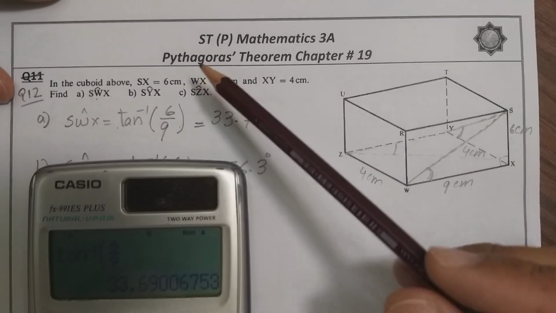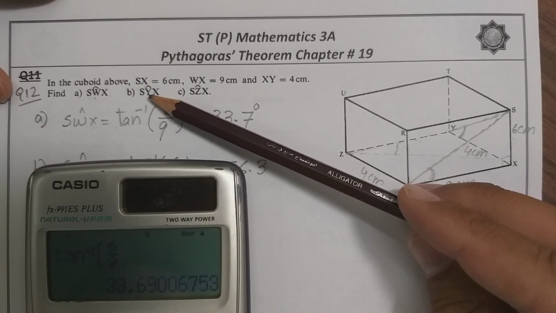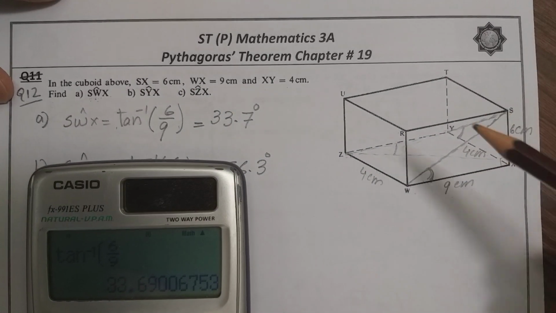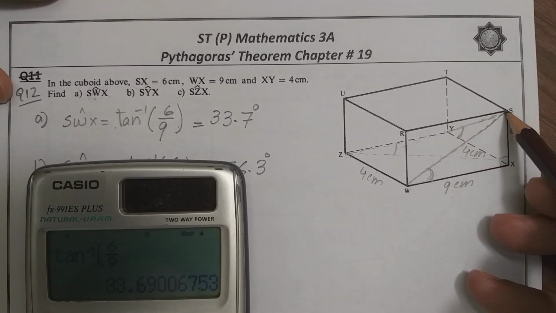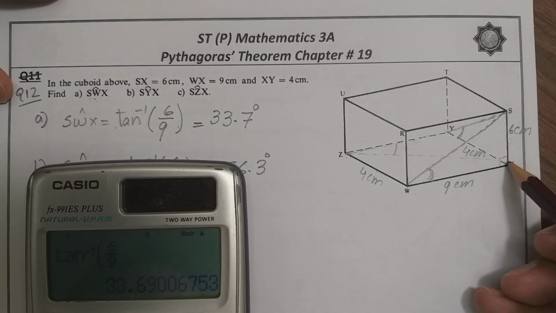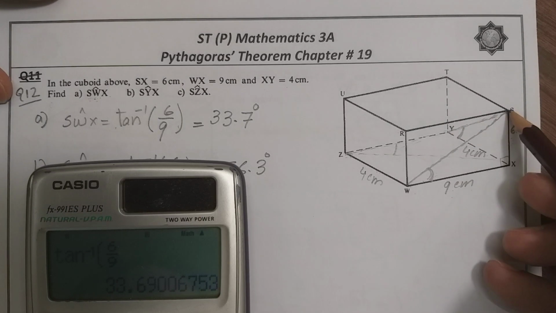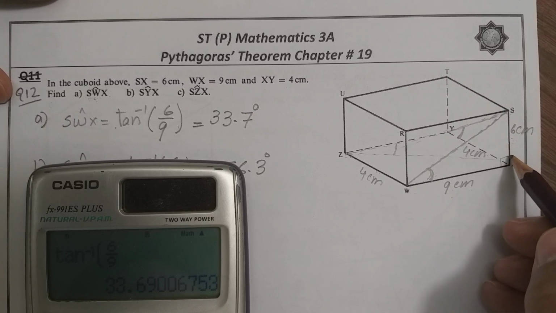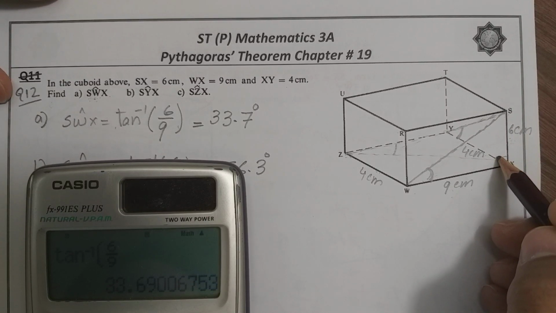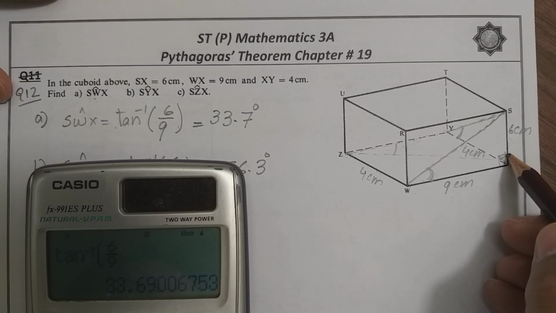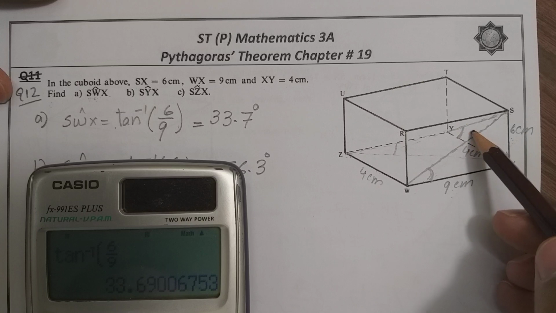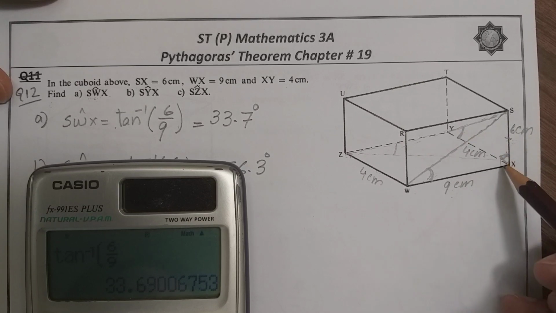Okay, in the second part, he said find SYX. So again SYX becomes a right angle triangle with the other side of it. It makes a right angle here. According to this angle, this is called the opposite, and this is called the adjacent.